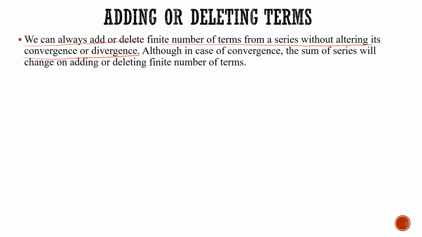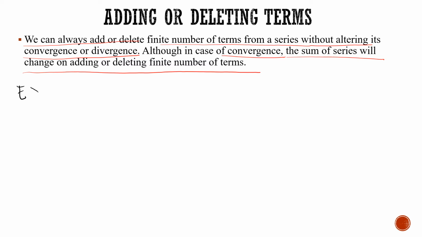A convergent series will remain convergent, and a divergent series will remain divergent, even if you add or subtract any number of terms. But in the case of convergence, the sum of the series can change if you add or delete a finite number of terms. Let us see by an example.